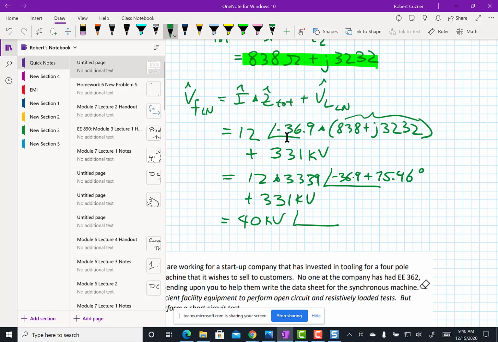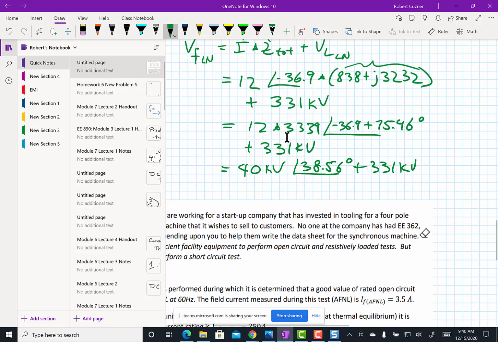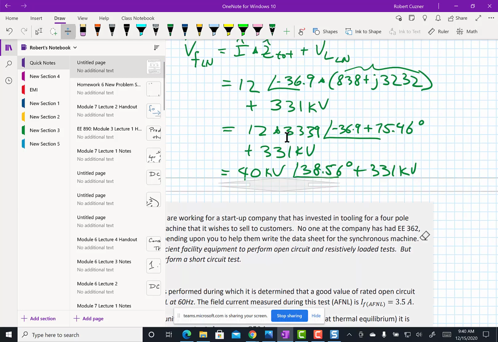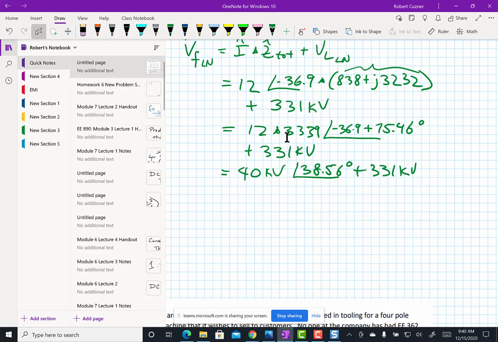So 75.46 minus 36.9 is 38.56 degrees, plus 331 kV. Now I need to convert it to Cartesian again and sum these up.